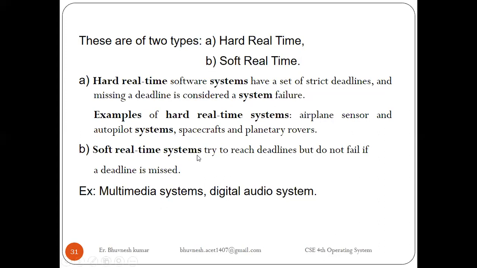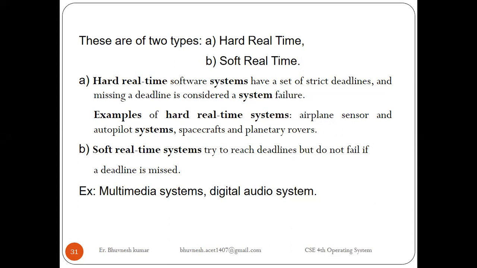Next is the soft real-time system. A soft real-time system tries to reach a deadline but does not fail. Okay, any process that wants to execute within a deadline but cannot will take a few seconds, but it is not in a failure state.